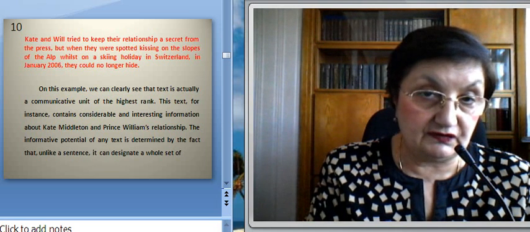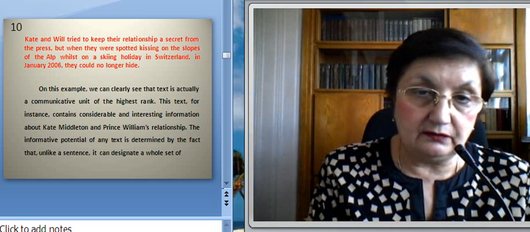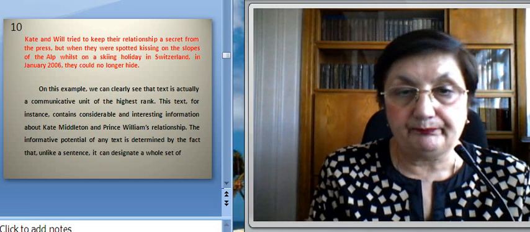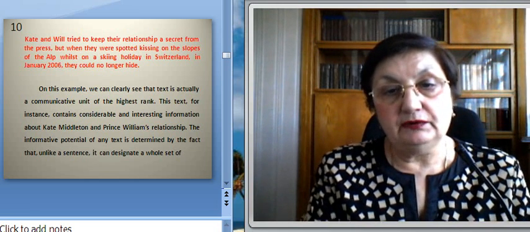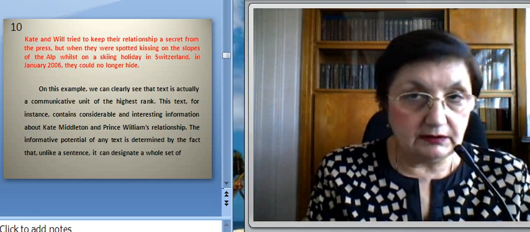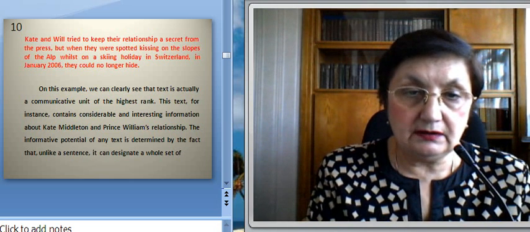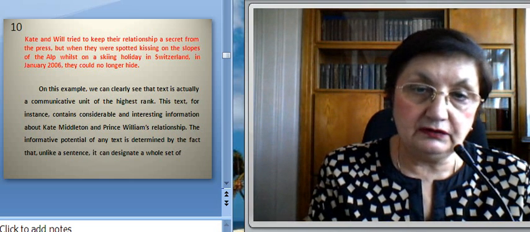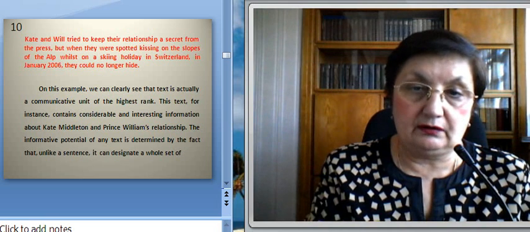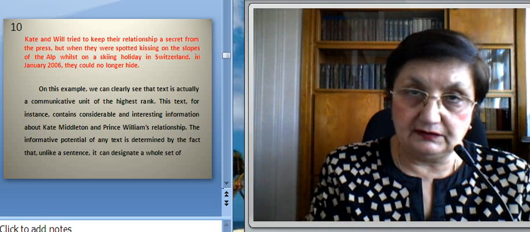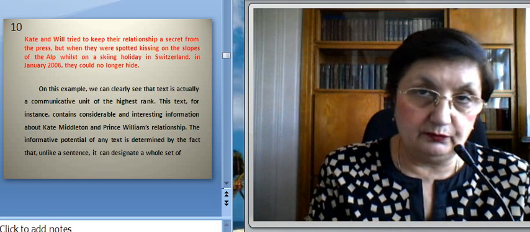In this example, we can clearly see that text is a communicative unit of the highest rank. This text, for instance, contains considerable and interesting information about Kate Middleton and Prince William's relationship.